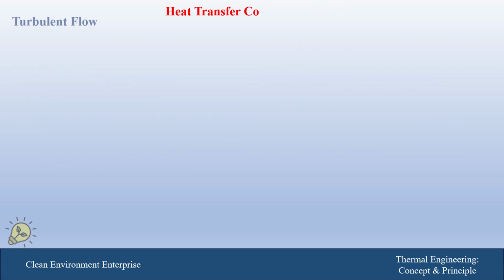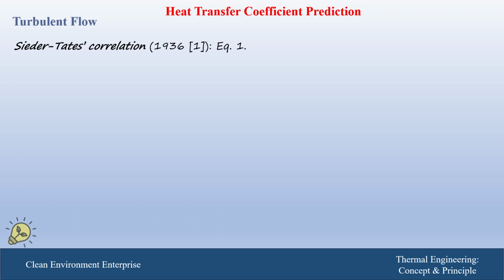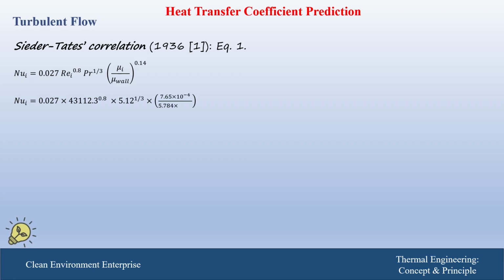We continue by using the other correlations as presented in this episode. Let us use Cedar-Pulse correlation as shown in equation number 1. The Nusselt number will equal a value corresponding to Nusselt number equal to 146.9.